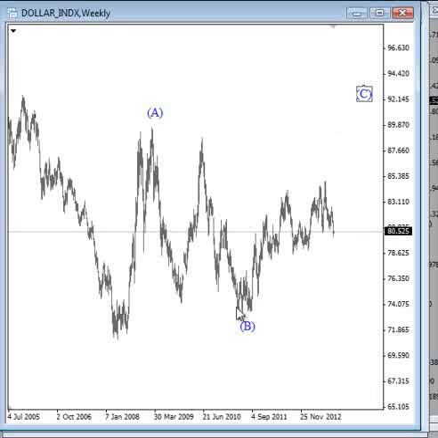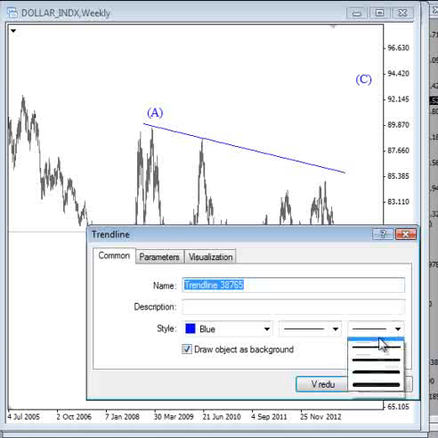Now the question is when this wave B will finish. Firstly, I suspected that it finished here and that we are now in some kind of 1-2 going higher in wave C, but actually this recovery is not very clear. It's quite ugly, quite choppy, so it definitely could be something else. That's why I'm saying that corrections can be very tricky.